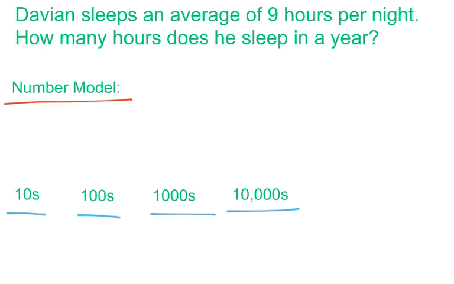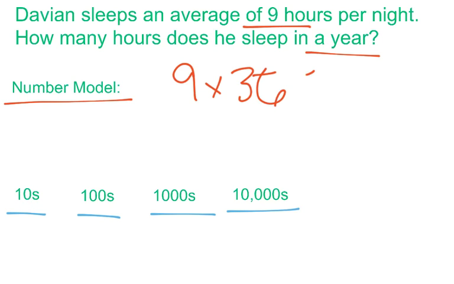So first let's look back into our problem, and we know that he sleeps an average of 9 hours per night, and he wants to know how much he sleeps in a year. So first I'm going to write out the actual problem. So I'm going to write out 9 hours times 365, and we're estimating.